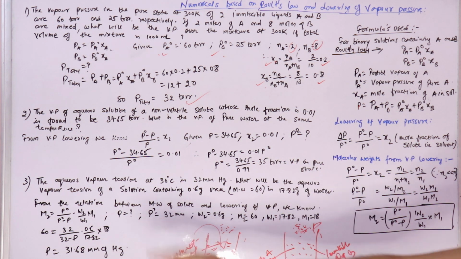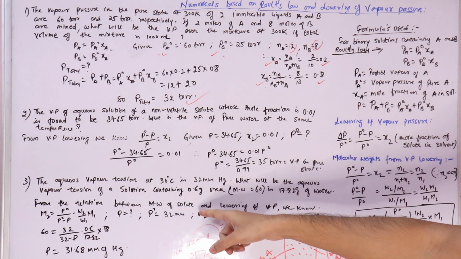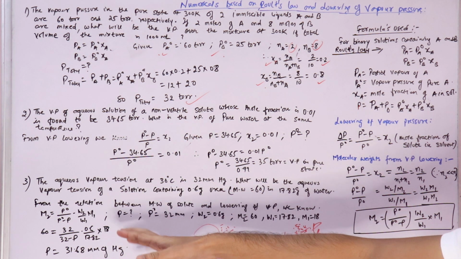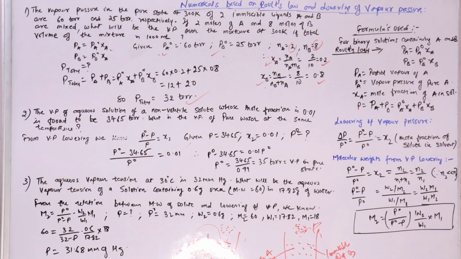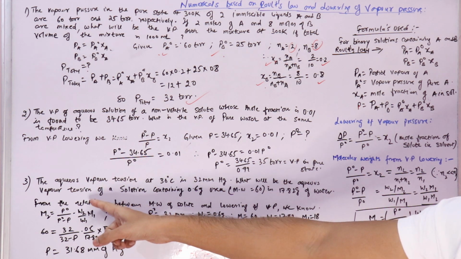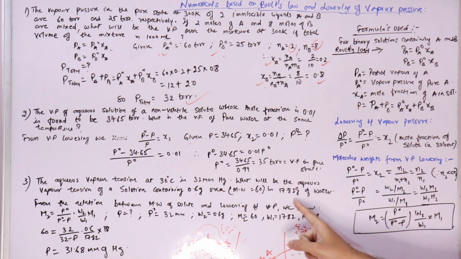Right? Now the third one says the aqueous vapor tension at 30 degrees Celsius, vapor tension is nothing but vapor pressure, at 30 degrees Celsius is 32 mm. What will be the aqueous vapor tension of a solution containing 0.6 gram of urea in 17.82 gram of water?